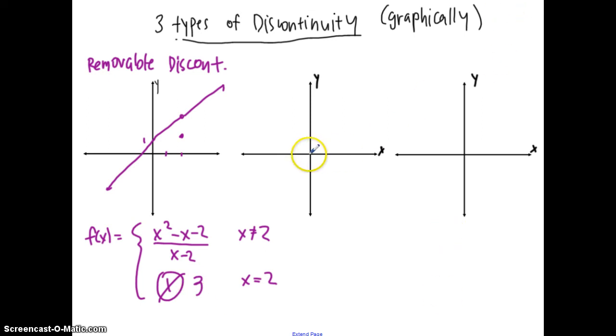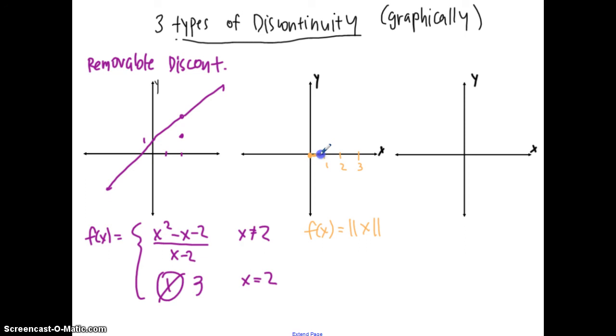Moving on, the next kind of discontinuity looks like this function, and I don't know if you remember it. It's the integer function, where here's 1, 2, 3. Whatever value you plug in for x, it rounds down to the nearest integer. If I plug in 0, it gives 0. If I plug in 0.5, it would still round down. If I plug in 1.9999999, it would still round down.